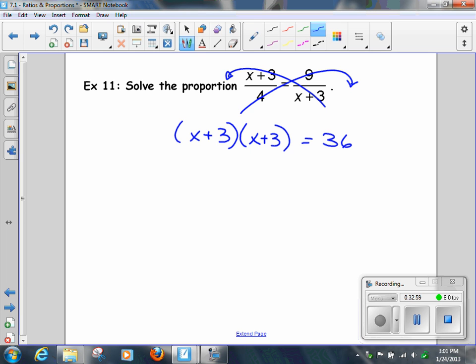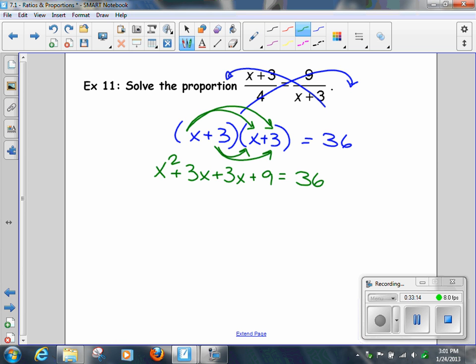We got to foil this out. X times x is x squared. X times 3 is 3x. 3 times x is 3x. 3 times 3 is 9. Do you guys agree with that? Combine like terms. Did you get x squared plus 6x plus 9 equals 36?